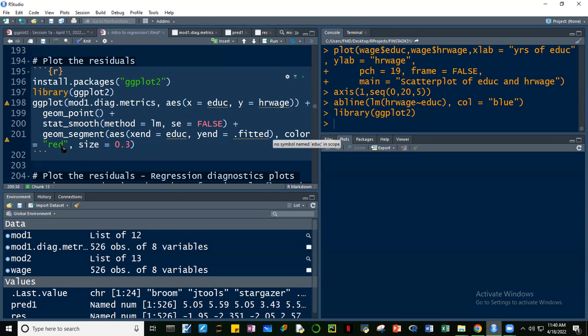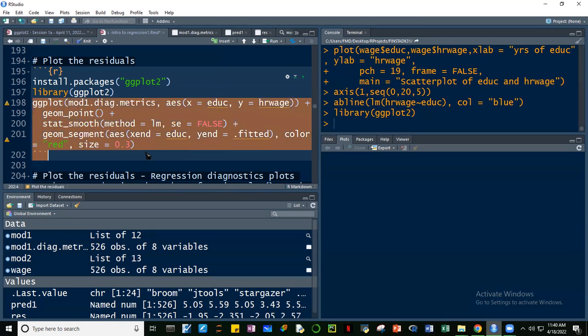And then here, another layer, geom_segment, with x equal to education, xend equal to education, y equal to hourly wage, yend equal to fitted, color equal to red, size equal to 0.3. Okay, let's run this.